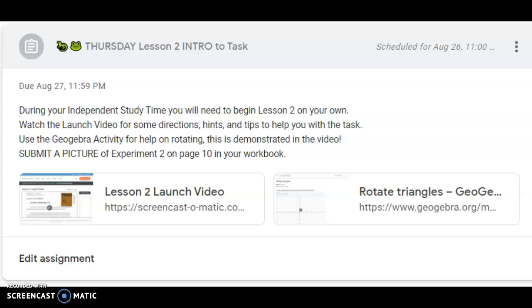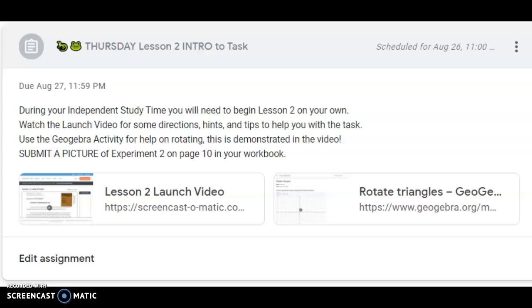So remember, at this point, you should have already watched the Lesson 2 launch video and attempted to start the task for Lesson 2 in your workbook on your own. You can use this GeoGebra activity that is linked to graph the triangles and let GeoGebra do the rotations for you.